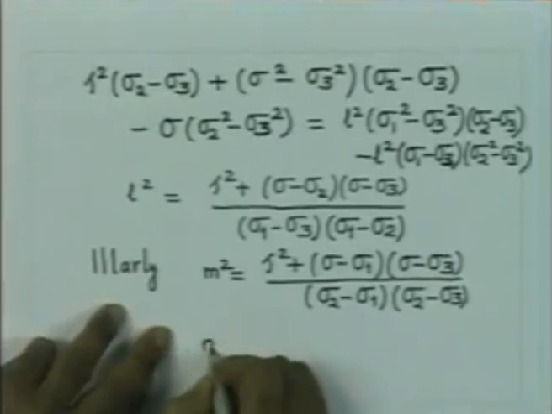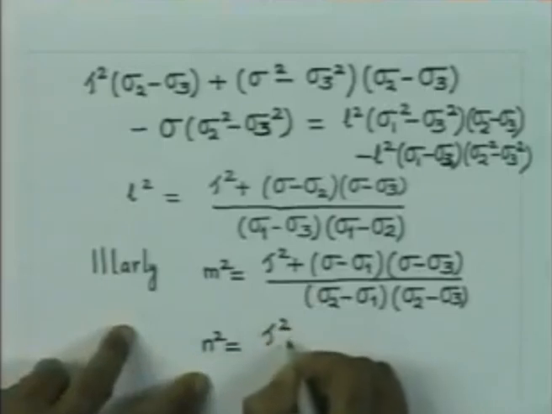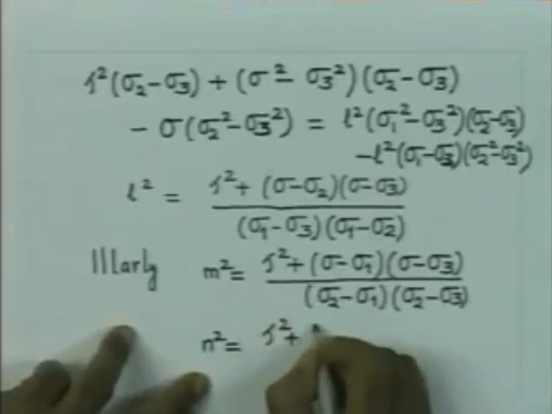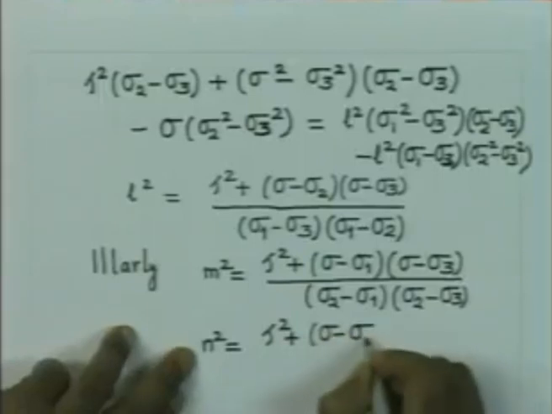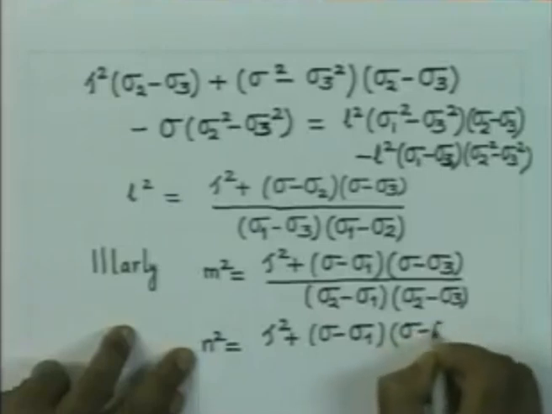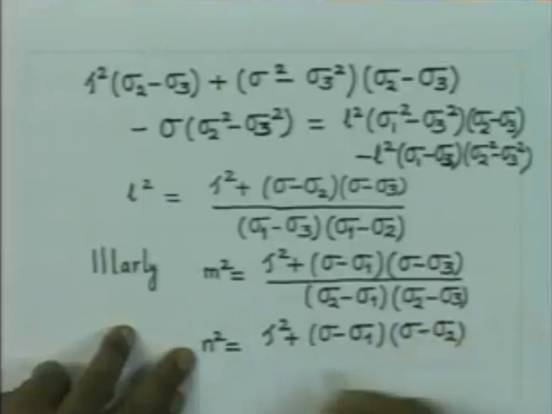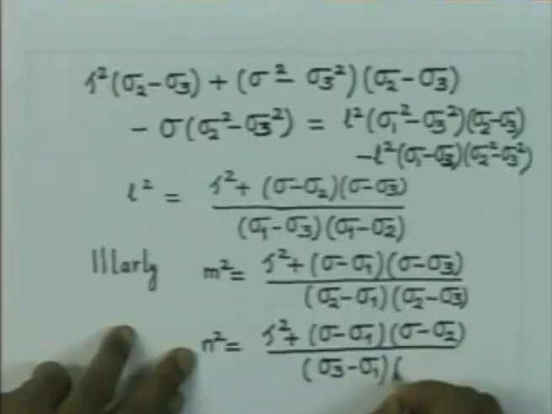And n square equals tau square plus sigma minus sigma 1 into sigma minus sigma 2 divided by sigma 3 minus sigma 1 into sigma 3 minus sigma 2.